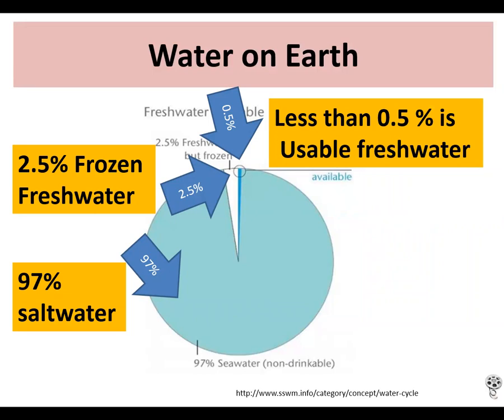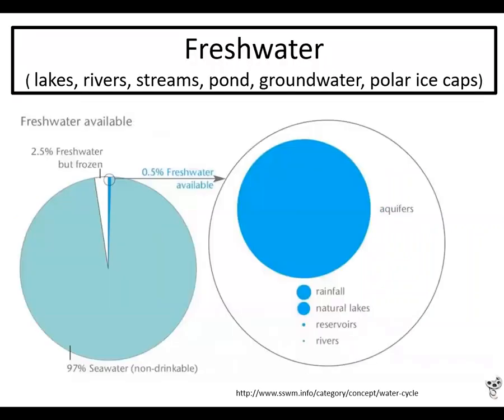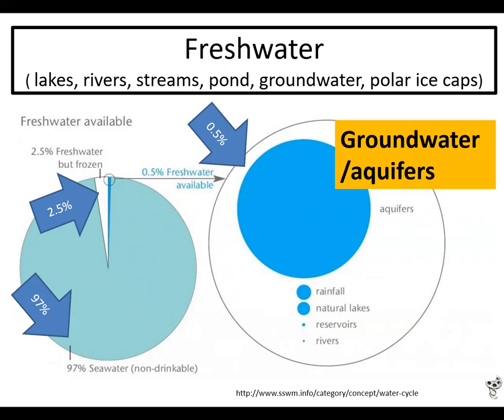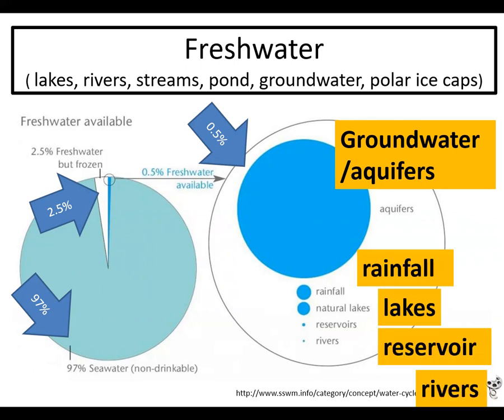This 0.5% usable fresh water is distributed on Earth in the following. Again, 97% of the water on Earth is seawater, 2.5% is fresh water but it is frozen, and the remaining 0.5% or even less is found in aquifers or groundwater, rainfall, natural lakes, reservoir, and rivers.